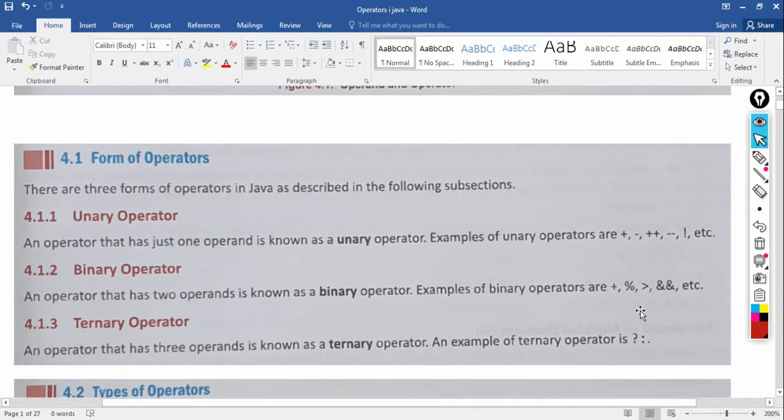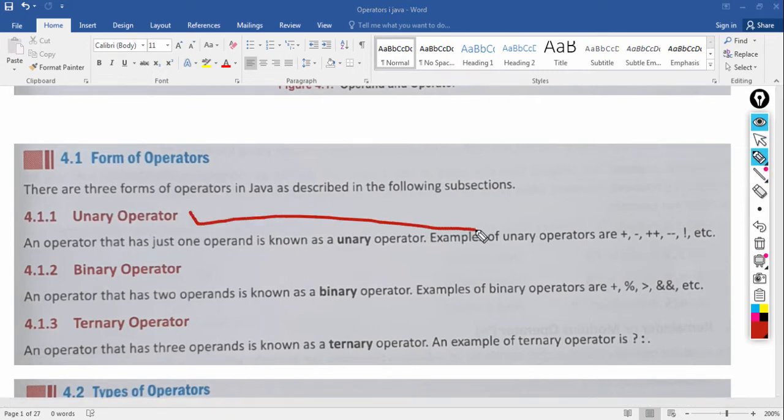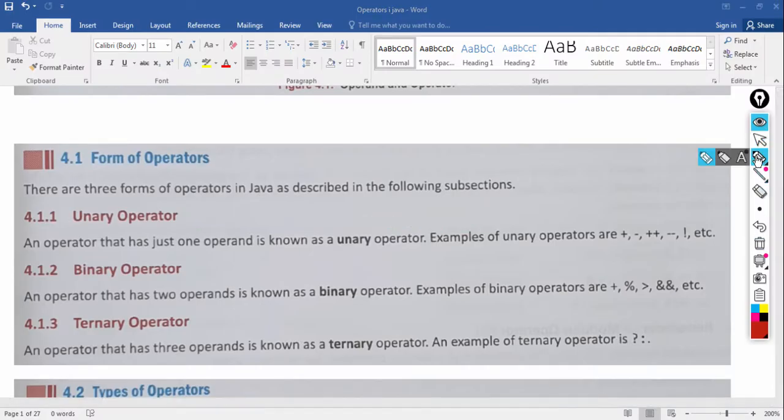So how many kinds of operators are there? Well, there are three kinds of operators: unary, binary, and ternary. A unary operator uses only one operand.